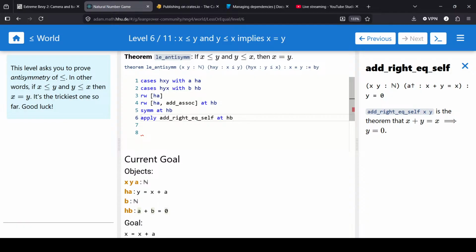So a plus b equals 0. We have a 0. We have a 0. So now what?